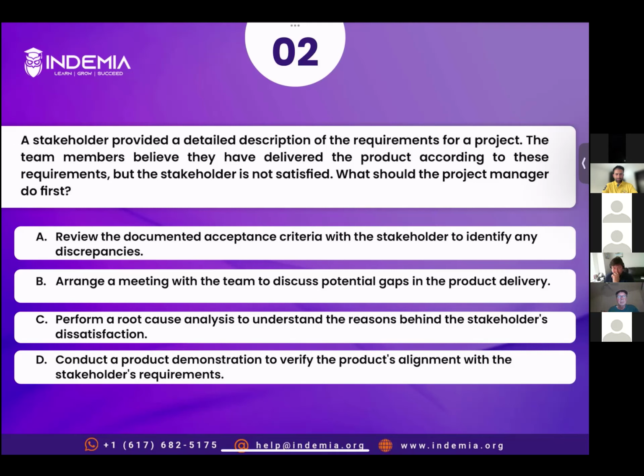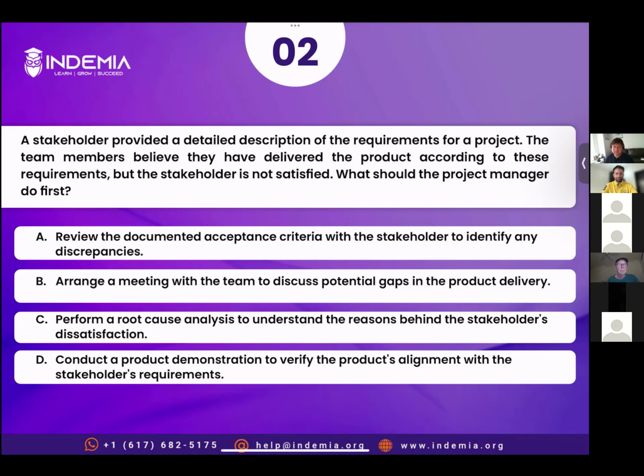That's what I'm doing on D before I can talk to the stakeholder and see why they're not happy. So first conduct a product demonstration to compare the stakeholders' requirements to what we actually did, and then I can arrange a meeting with the stakeholders. All right, thank you, Mary.